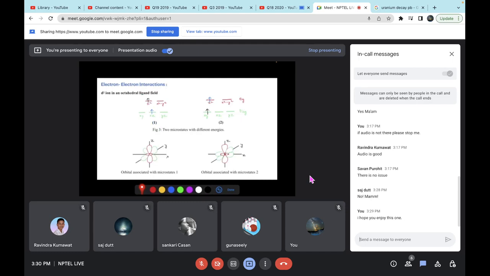Let's again take one simple example of a d2 ion in an octahedral ligand field.